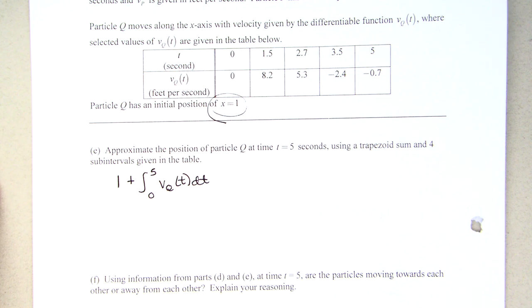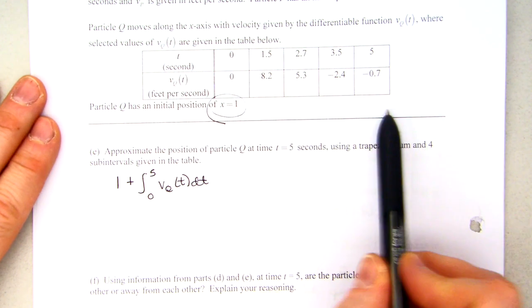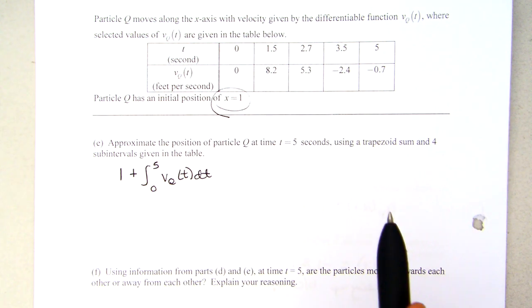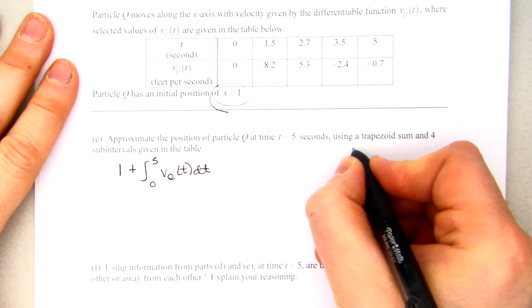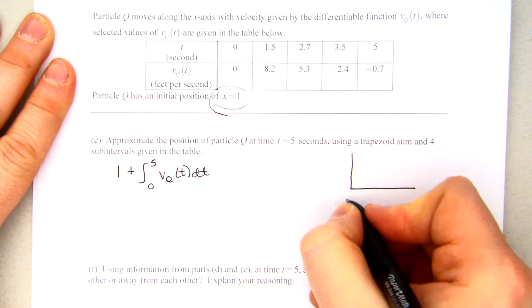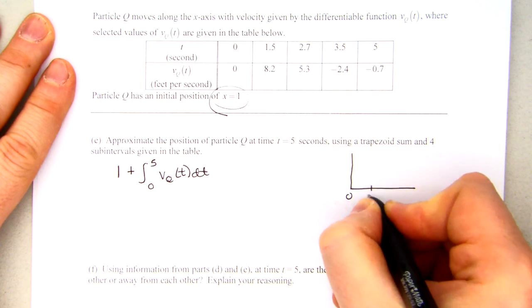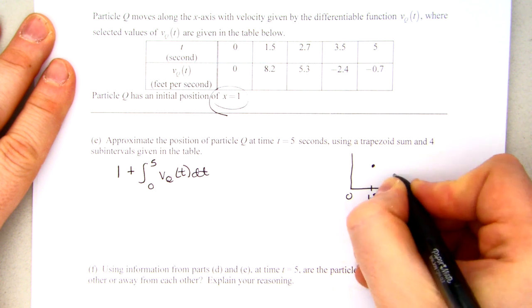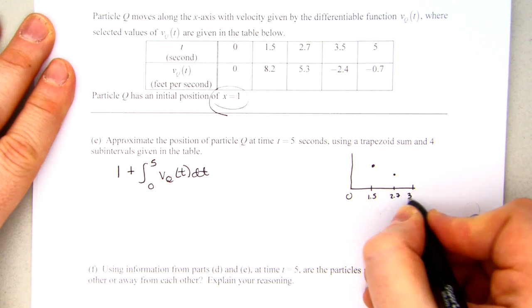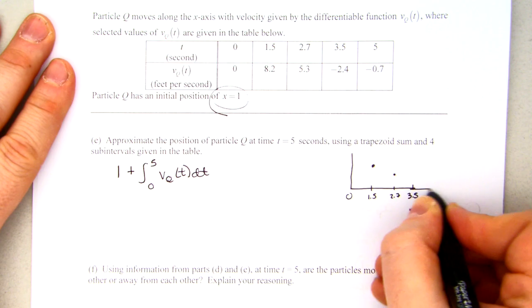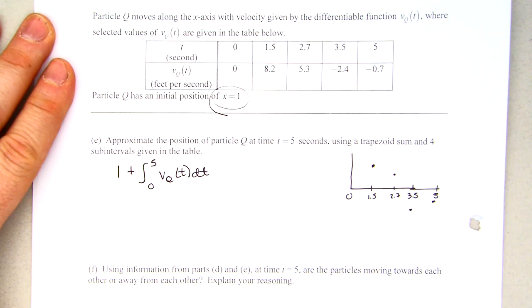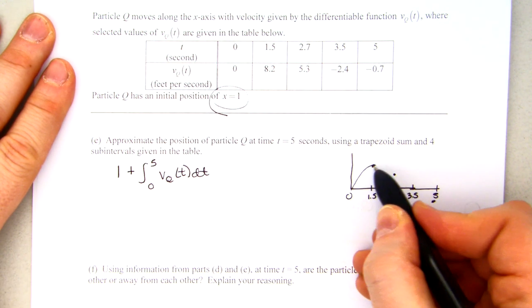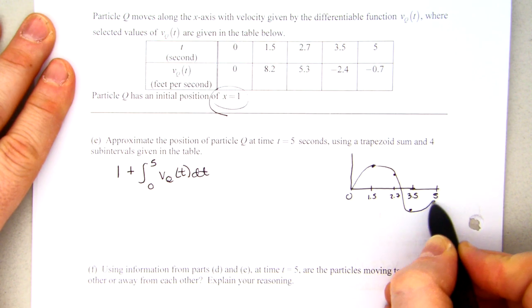Now, I think to get us started, I'm going to draw out a picture to kind of figure things out, although I feel like the picture is going to break down a little bit when we get into our negative things. But hopefully it'll be enough for us to start our trapezoid idea. I've got a point at 0, 0. I've got a point at 1.5, 8.2; 2.7, 5.3; 3.5, negative 2.4; 5, negative 0.7. So, something vaguely like that.